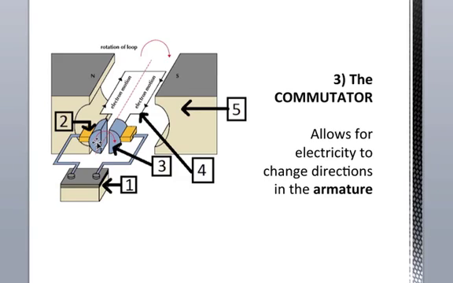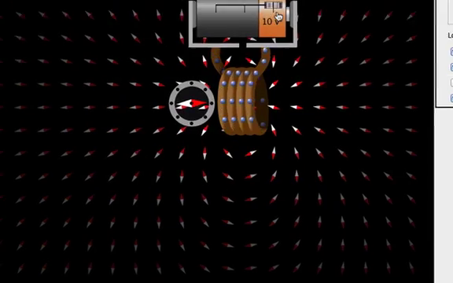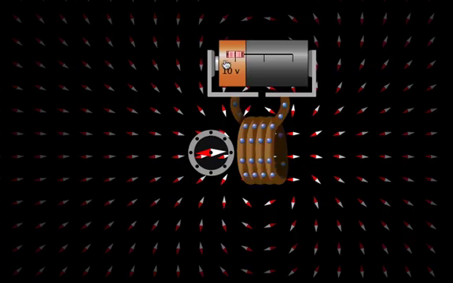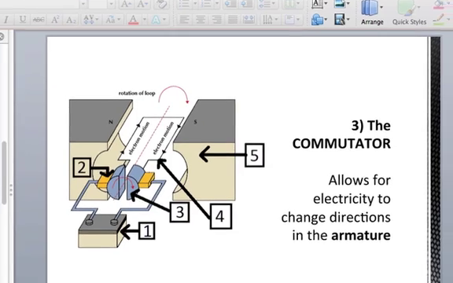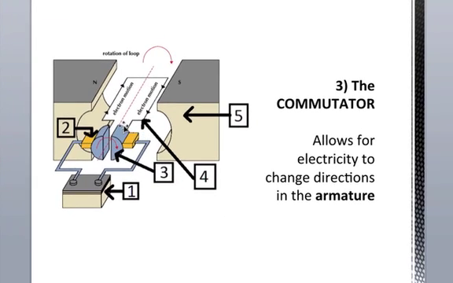Now, as we saw in our lab, when we change the flow of electricity through an electromagnet, it changes the magnetic polarity. And this is important because this is what's going to make our motor work.